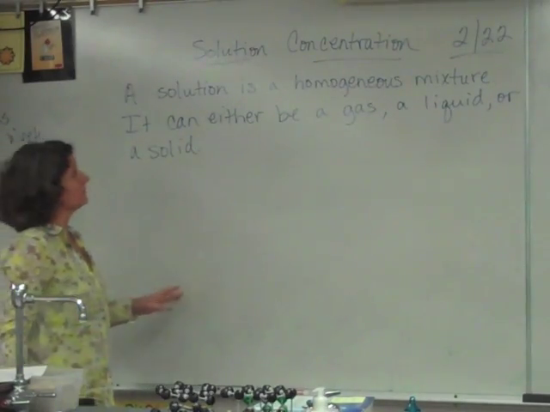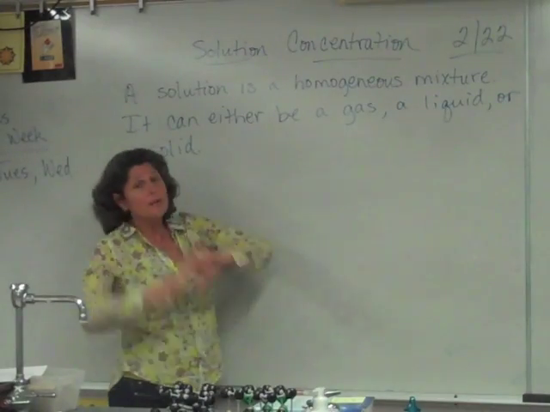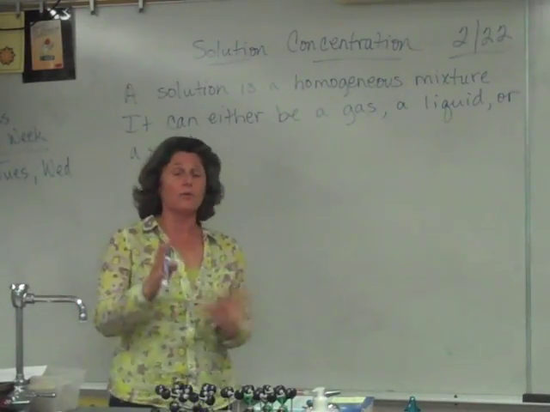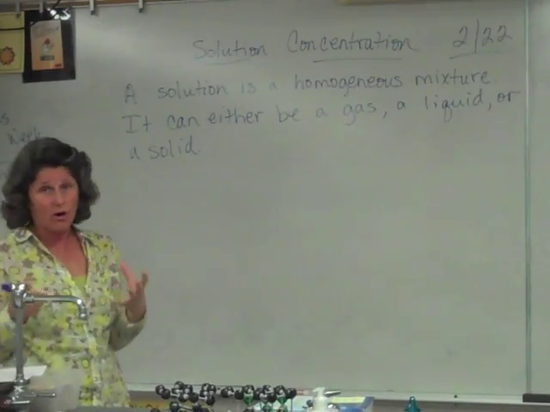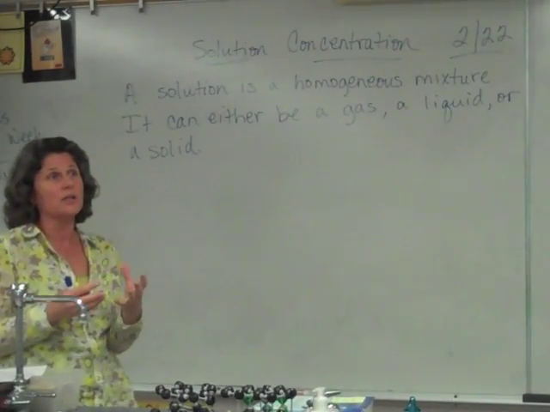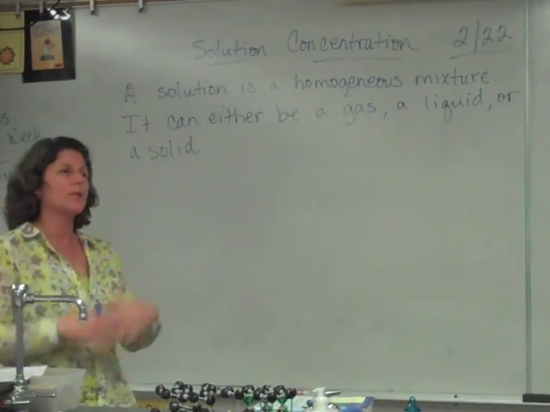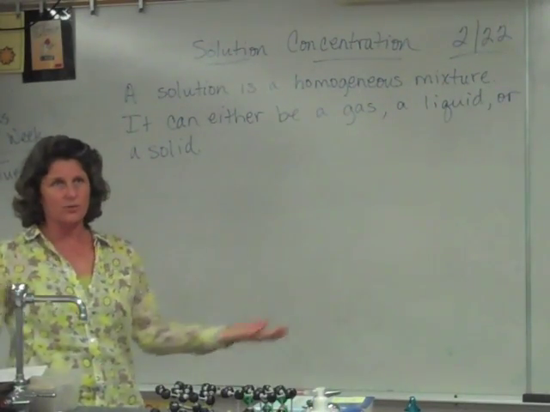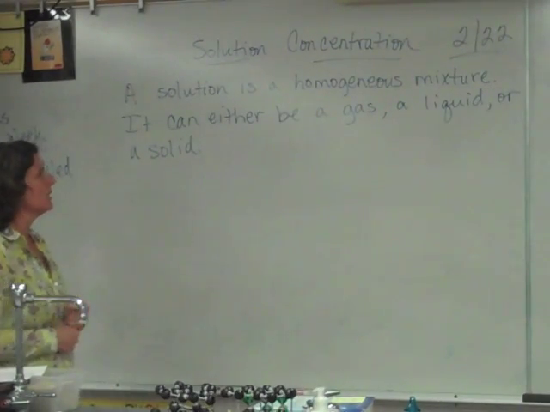So air is a gaseous solution, pretty much uniform throughout. Of course, there are some places, like right outside the exhaust pipe of a car, that are not going to be uniform compared to 10 feet behind the car. But in general, in this classroom, the air in here is definitely a solution.